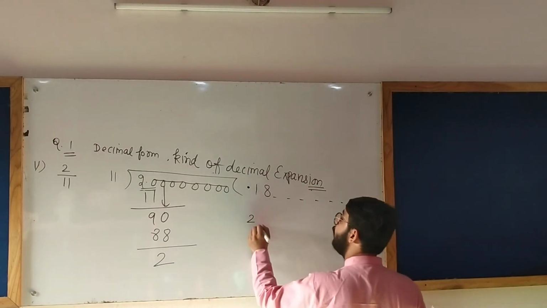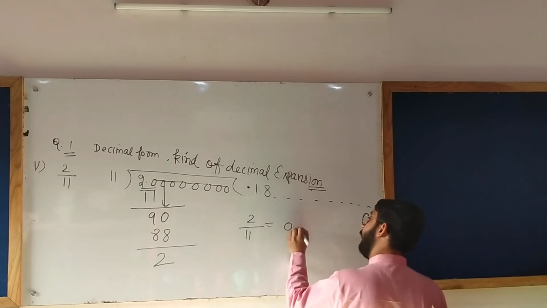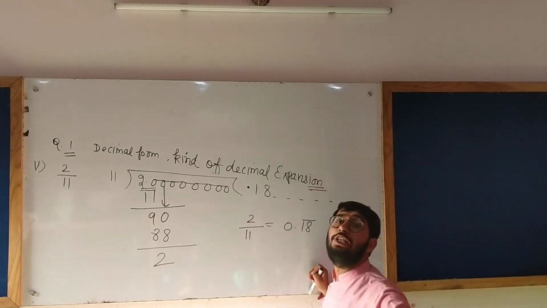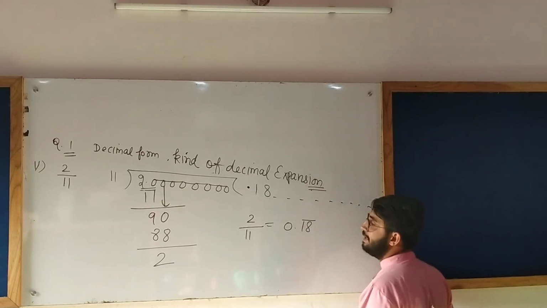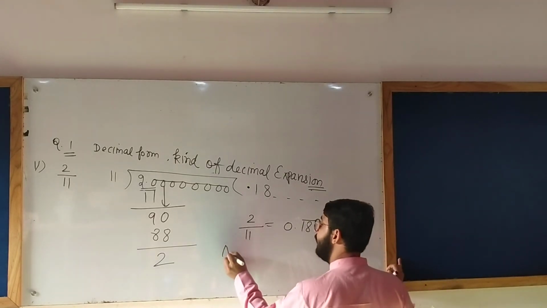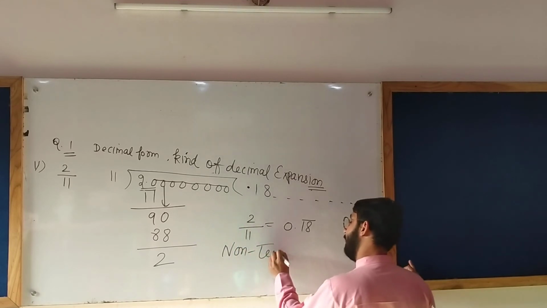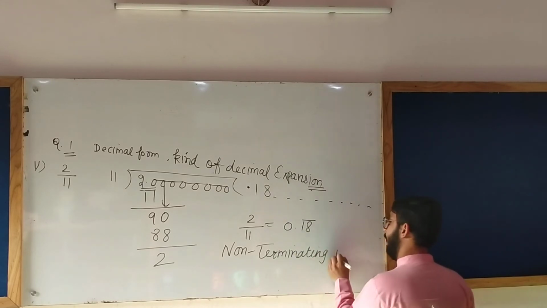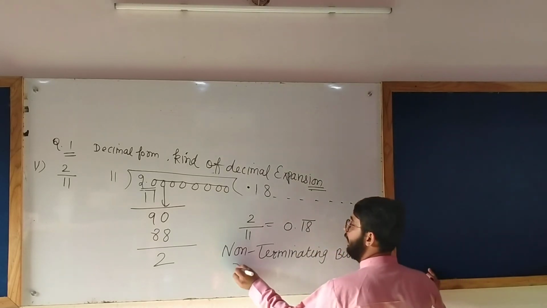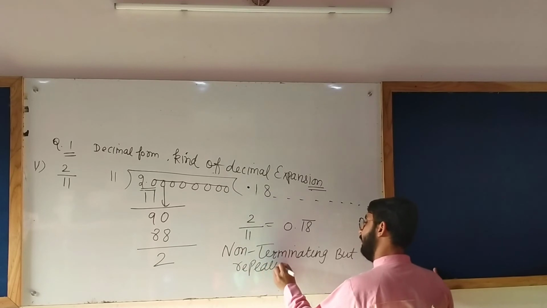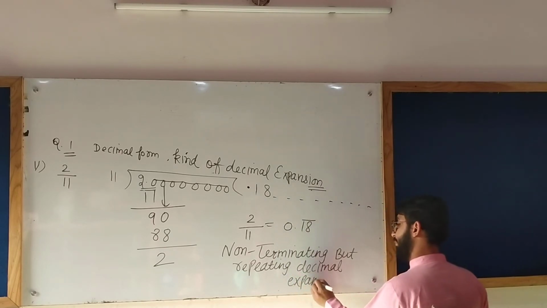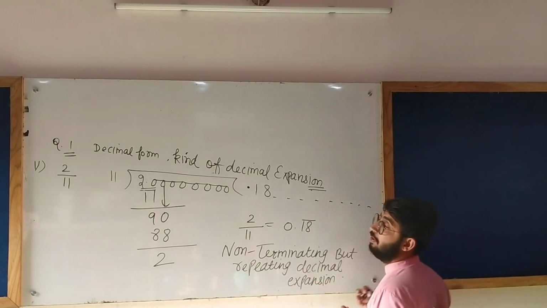Therefore we can say 2 by 11 equals 0.18 with a bar on the 18, because these two digits will keep repeating itself. Therefore we can say that the decimal expansion is non-terminating but repeating. Okay. Hope you have understood the fifth part.